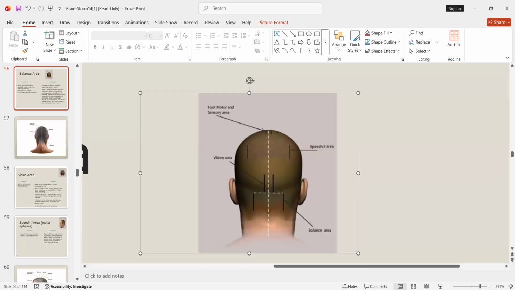For hormonal imbalance, is it the balance area? For balance area, foot motor sensory area, and reproductive area.